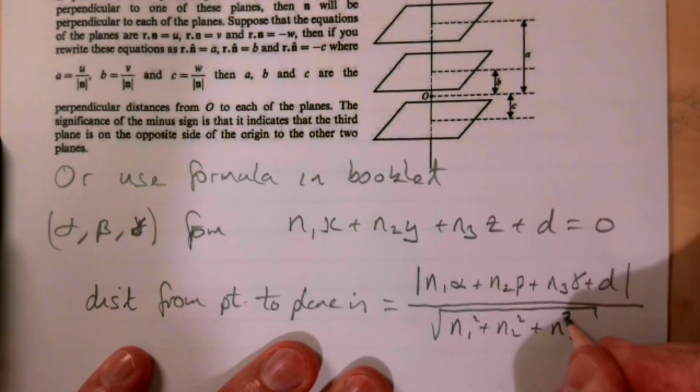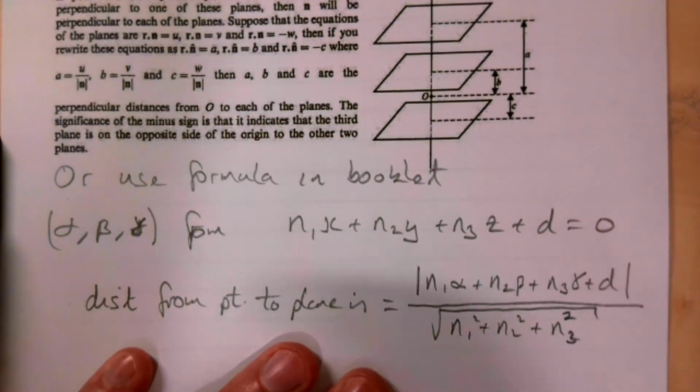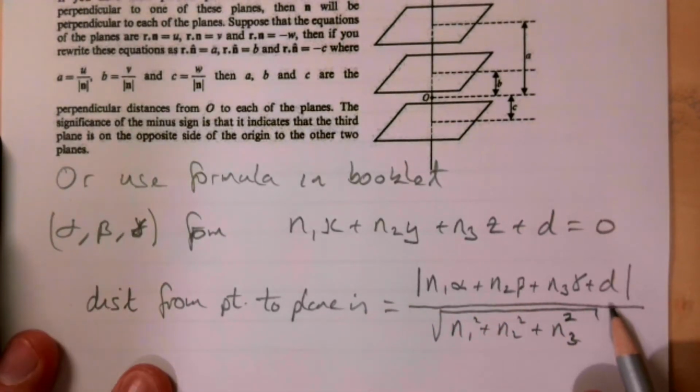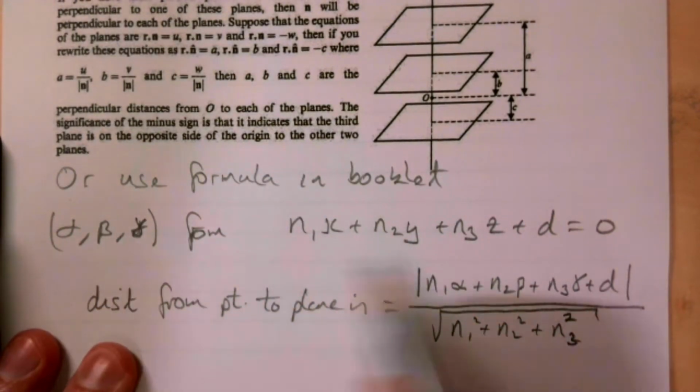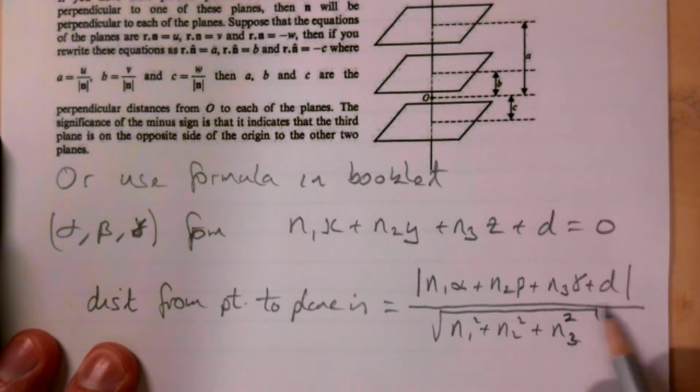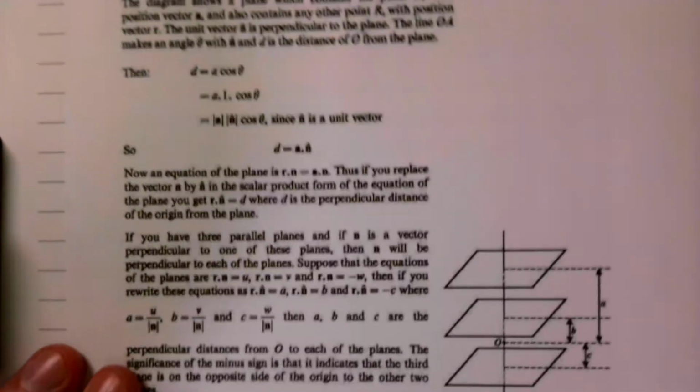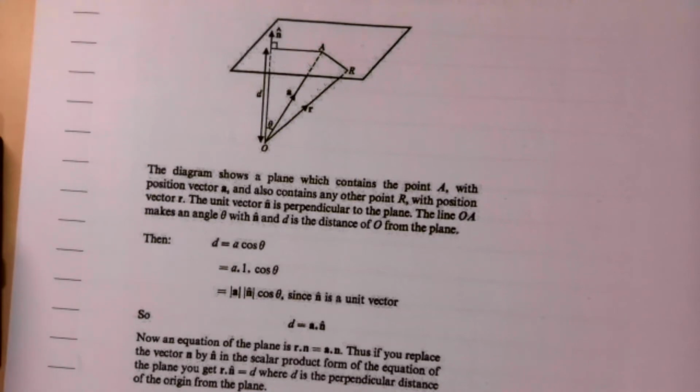So use that formula from this point here, and the equation of the plane is going to tell you the distance. So let's try that for a couple of examples and we will see how we go.